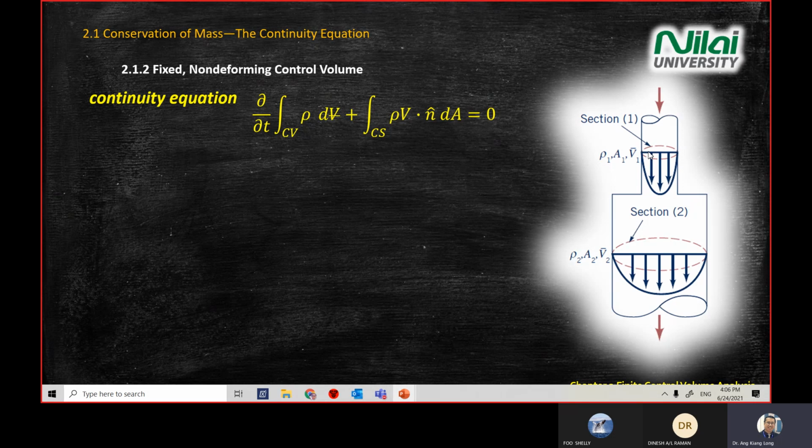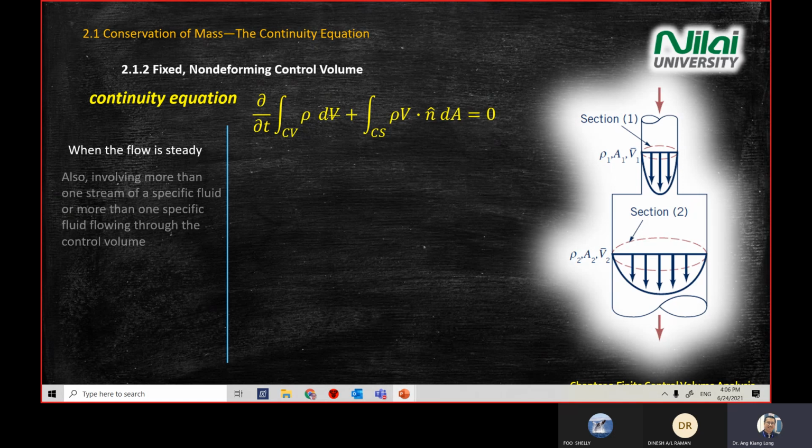But starting from today, we will look at changes of your area, and what will happen to our continuity equation. I think you're familiar with the equation that you see on the screen here. We have a control volume term and also a control surfaces term.